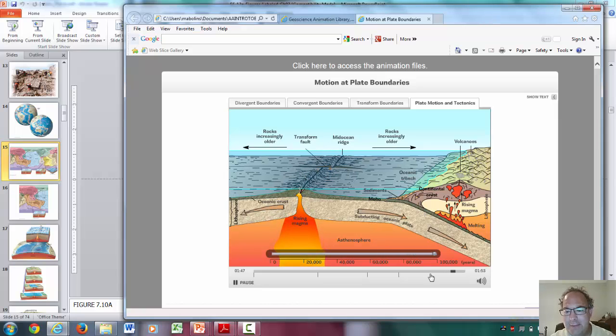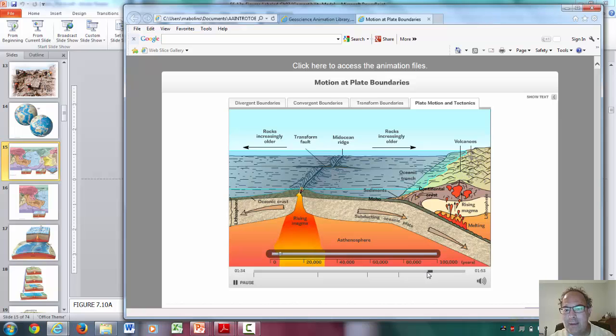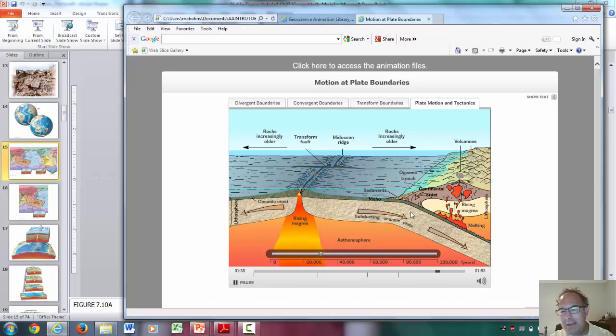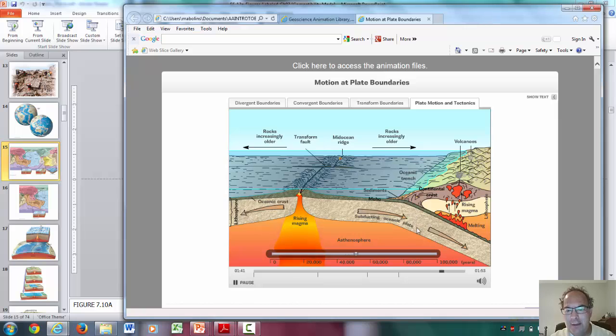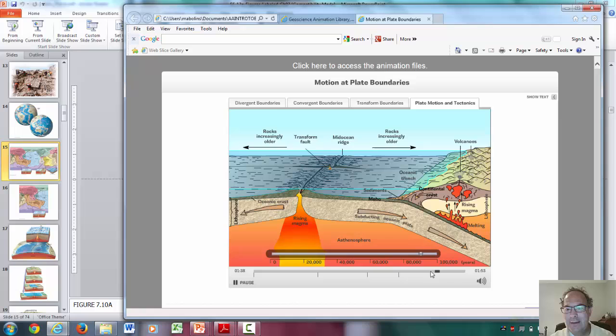Okay, convergent plate boundary over here, as I said, a plate with oceanic lithosphere on it, diving below the plate that has the continental lithosphere on it. This process whereby one plate goes down underneath another plate is called subduction.